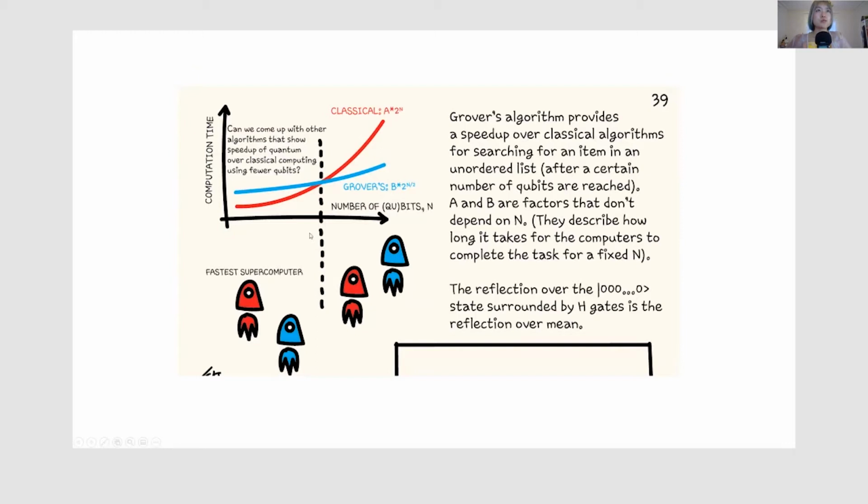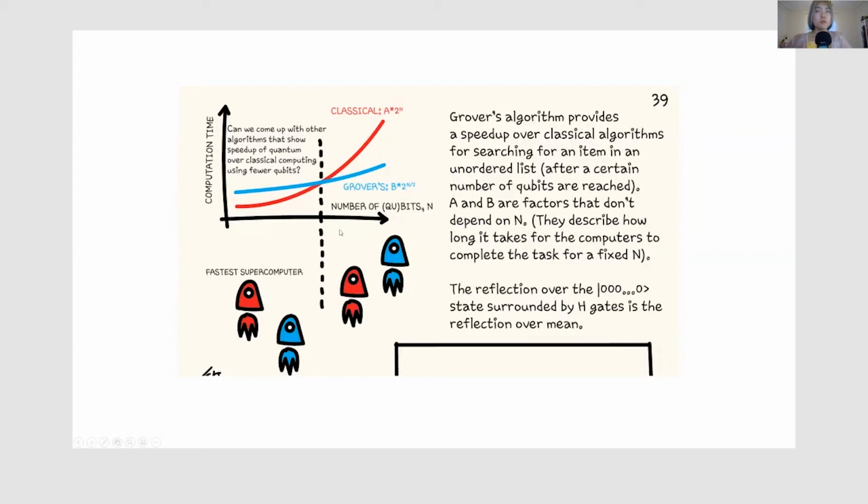So it's like this race between a supercomputer and a quantum computer, where at this region, maybe a small number of qubits, you can just do it with a classical computer. There's not much reason why you would use a quantum computer to run it. But when the number of qubits gets really large, then that's when this Grover's algorithm really can take off.